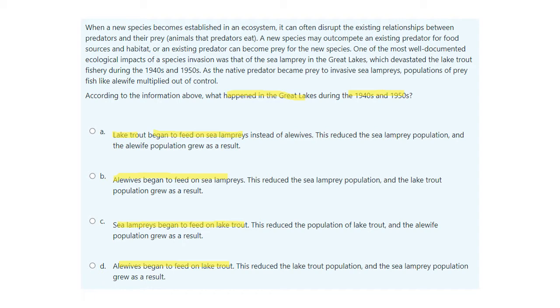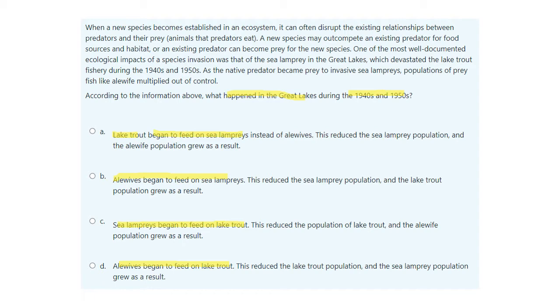So these 4 answers are all very different. They're all talking about the food relationship between 2 types of fish. But which one began to eat which one? So let's look at the passage. Now that we know what we're looking for, we can read the passage thinking about the 1940s and the 1950s.